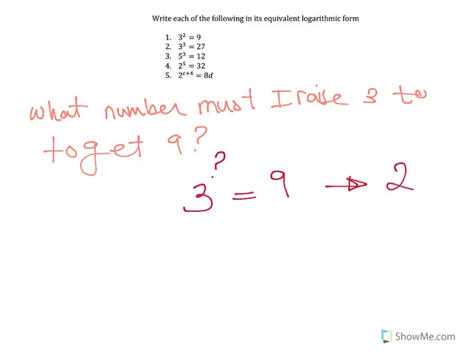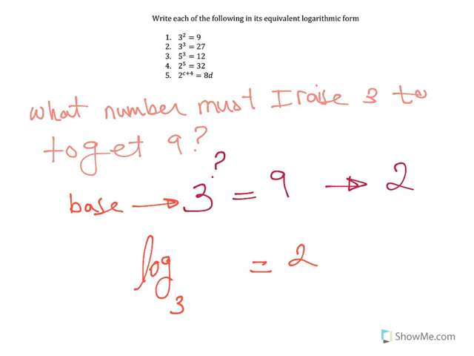But the way to write this in log is just like this. You raise 3 to the power of something to get 9, so you write it like this: log, and the result is 2. So you must raise a certain number to the power of 2 to get 9, so that number here you can write as the base, because in exponents it's also called the base.